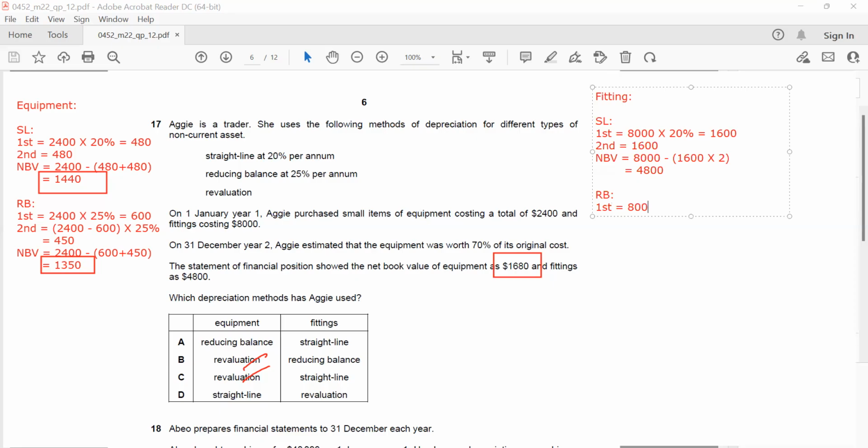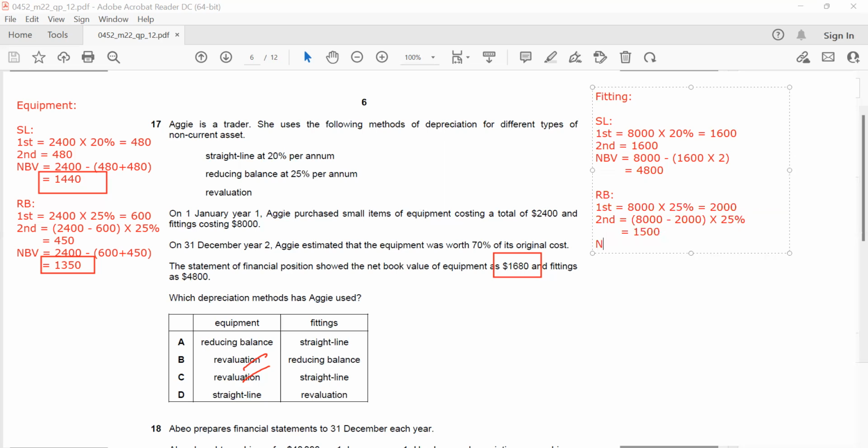And then reducing balance, which is first year, 25%. So times 25% will be 2,000. So second year will be 8,000 minus 2,000 times 25%. So we get 1,005.